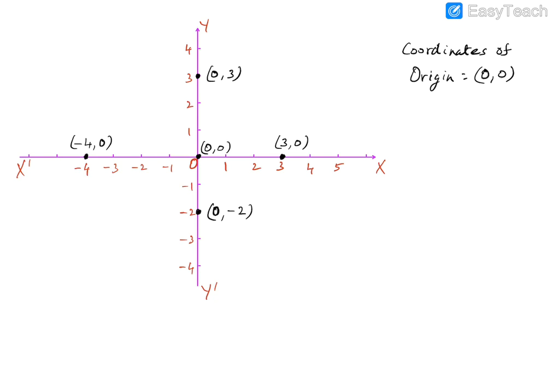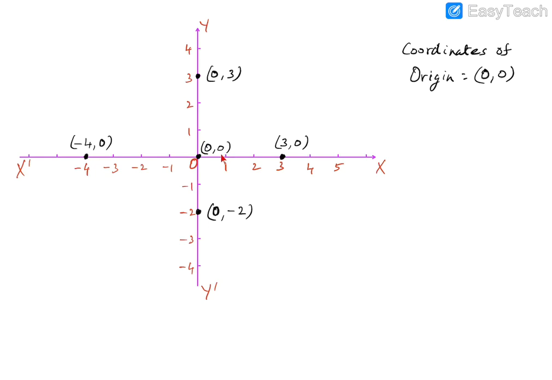Okay, so we have seen how to mark points. The points may lie on any of the quadrants, the first, second, third or fourth quadrant, and the points may also lie on the x-axis or on the y-axis. If the point lies on the x-axis, then the y-coordinate will be 0. If the point lies on the y-axis, the x-coordinate will be 0.